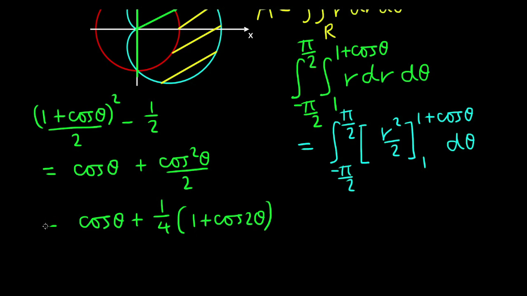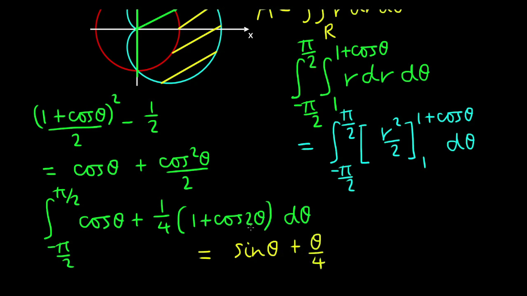And then if we integrate this over theta from minus pi on 2 to pi on 2, then we get sine theta plus theta on 4 plus 1/2 sine 2 theta by a quarter, which is 1 on 8 by sine 2 theta. Evaluated at theta is minus pi on 2 to pi on 2.